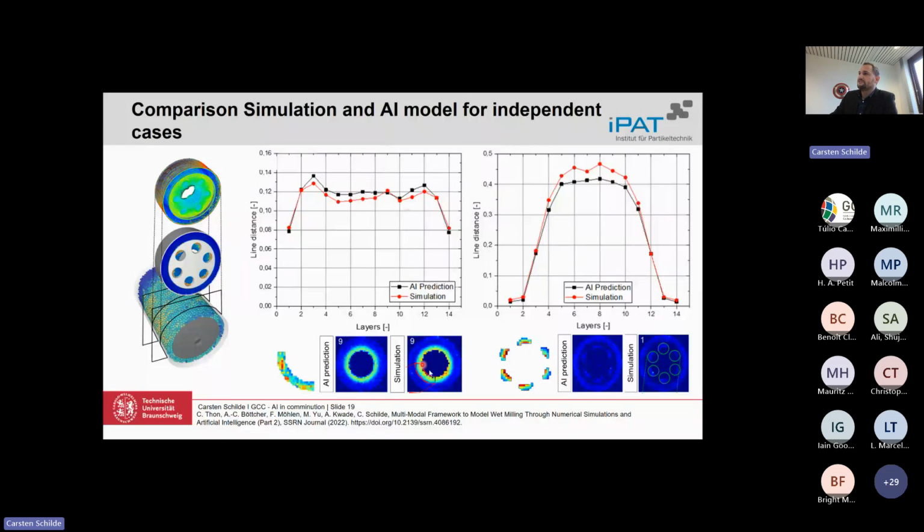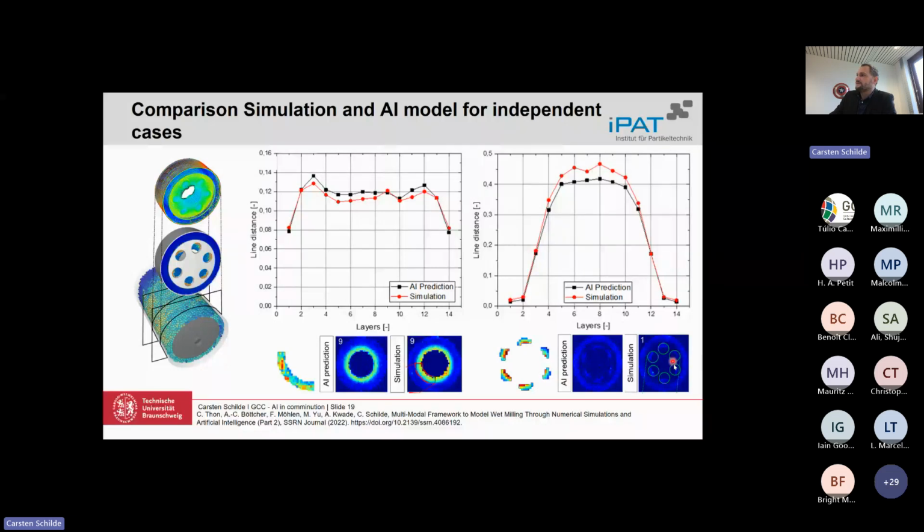For example, here the outer region within the mills was investigated and compared to the prediction with AI and the simulation. For this prediction we typically used time-dependent neural networks, that means LSTMs, which have a very high accuracy in the prediction.